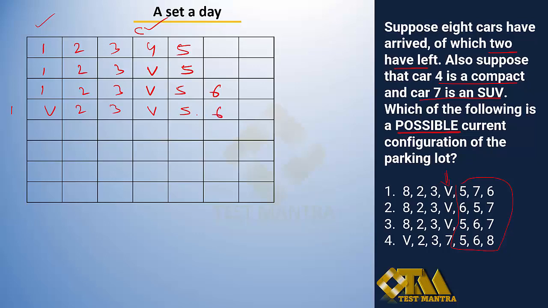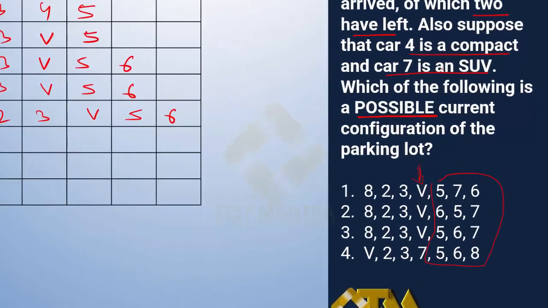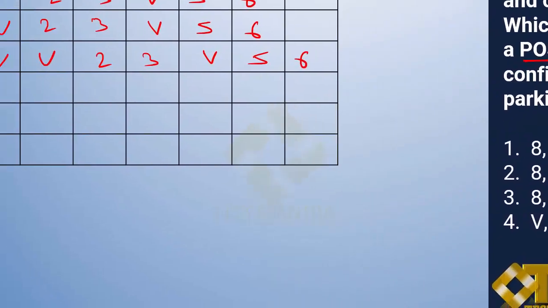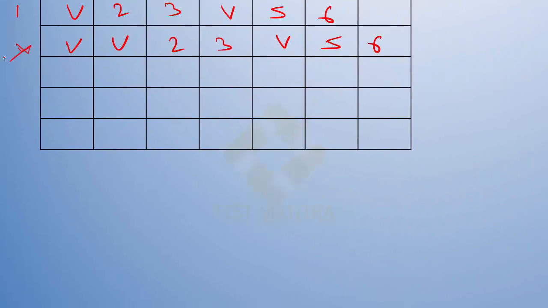Or in the second case, vacant, 2, 3, vacant, 5, 6. Now I want to insert car number 7, which is already an SUV. If we take the second case, car number 7 will take the first place, which is not possible. That means our second assumption is definitely wrong. I'll remove this one.